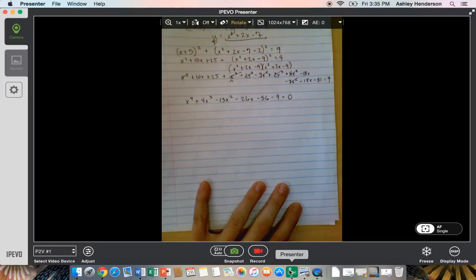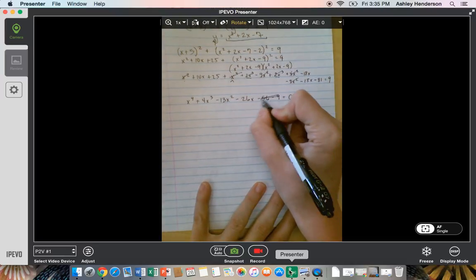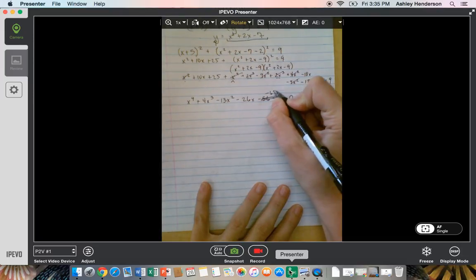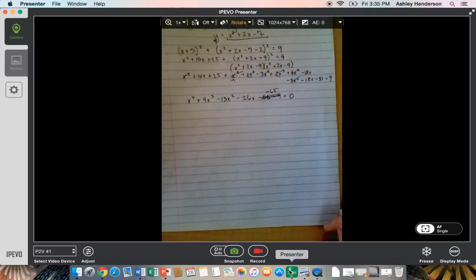So 56, negative 56, and negative 9 can be rewritten as minus 65 right there. So you could factor that out, which would be super fun, but we already know that our answers don't work out to be something friendly because we used our graphing calculator to find that.